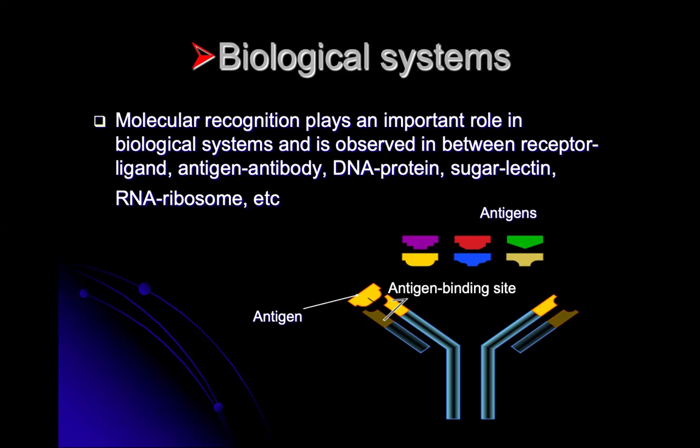Why is it called plastic antibody? Because if it is a biological, original protein-based antibody, it has to be produced by inducing rabbits, mice, to get the antibody serum. But for imprinted polymer, it's all synthetic based.